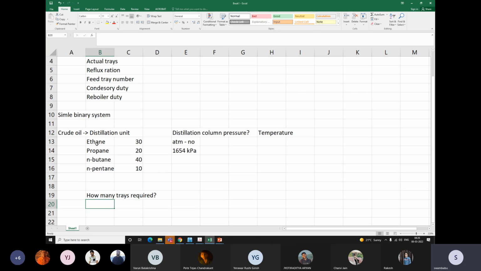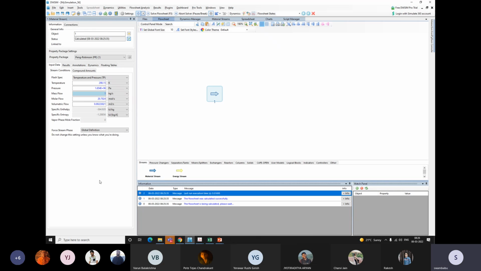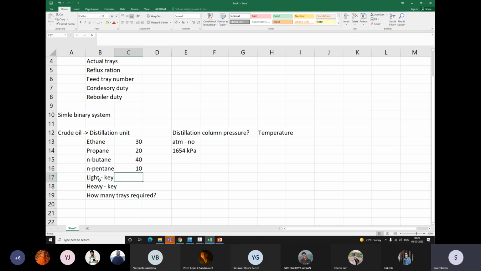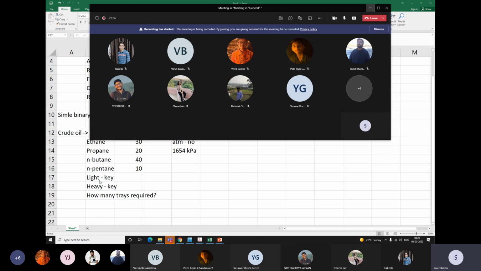Now, when you have four components, what is your target component of separation? In a distillation column, we always have to specify what is the light key and what is the heavy key. Do you remember?